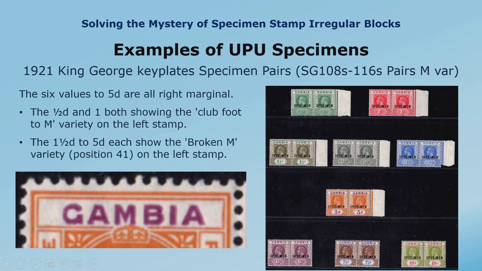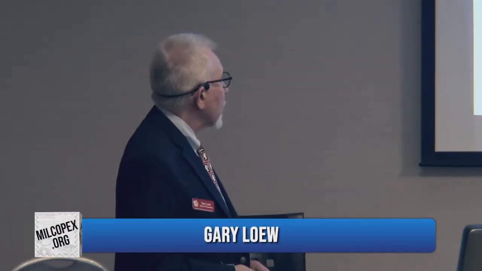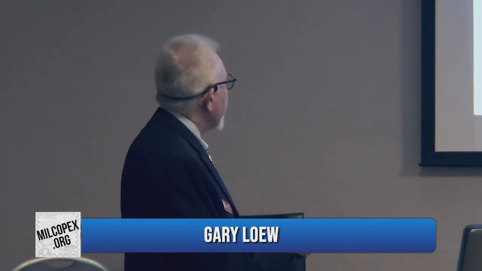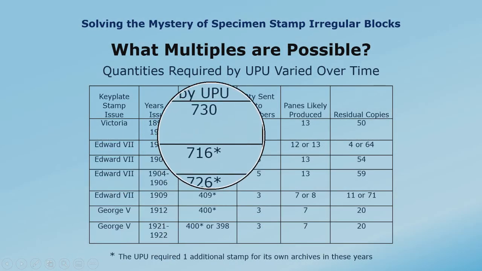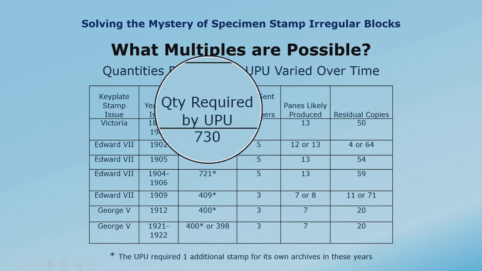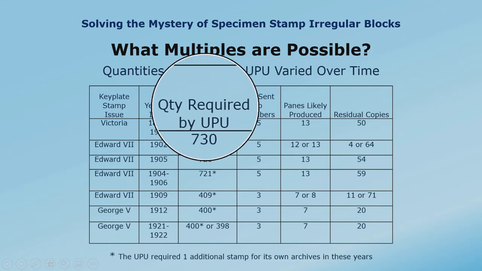All right, so here's an example of the first and simplest kind of multiple, a pair. But what kind of multiples are possible? For each series, for each time period, the UPU had different quantities required for distribution.